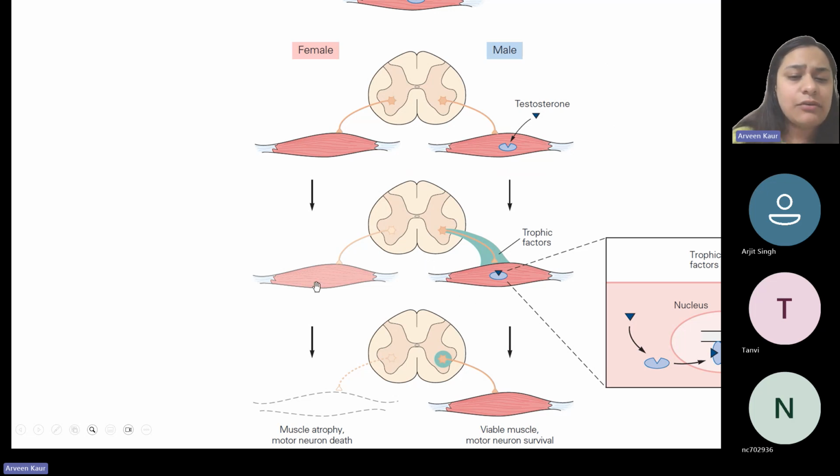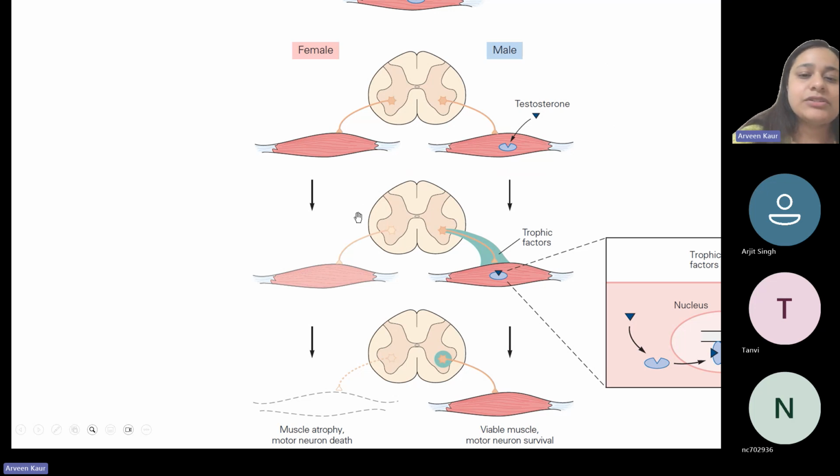However, because these trophic factors are not present in the female, as this binding of androgen receptor and androgen is not occurring because of the lack of testosterone, the innervation does not happen. And the important thing to know is that if a neuron has not innervated, or does not have any function, it will die.